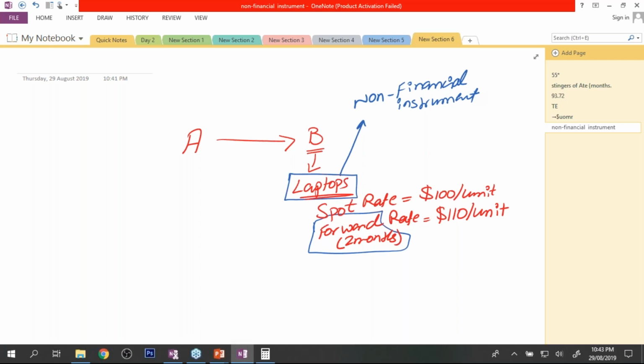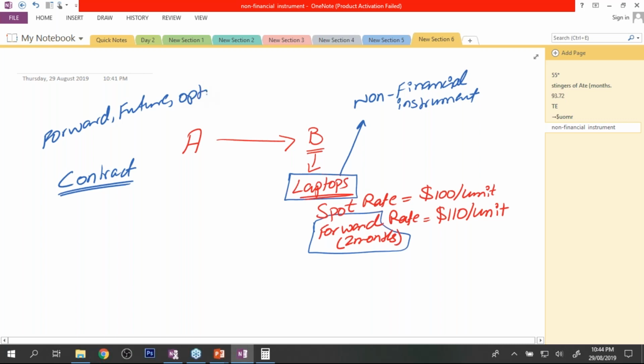Unless there is one condition which needs to be met for it to be a derivative, but I'm going to go over that. So first thing that we need to remember, whenever we sign a forward contract or a future contract or an option contract or a swap contract, these are all normally derivatives.